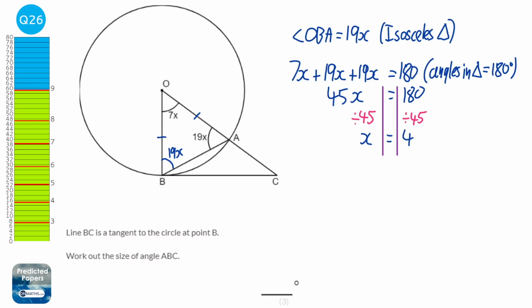Now, we're looking for this angle here. That's angle ABC. Now, there's a few different ways we could do this. We could work out what this angle is, because it's a big triangle, etc., etc. Or we can use the fact that we've got a tangent touching a radius. So we know that this angle here is 90 degrees. So we can write that down. So angle OBC equals 90 degrees because it's the angle between a tangent and a radius.